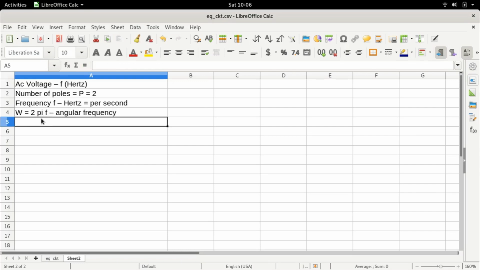Another concept that we need to know is, if we say that this is the frequency f, what is the speed corresponding to this f of the flux, or rather what is the synchronous speed? Now think about this. If I were to express this frequency in per minute, I'm going to say something called ns. ns is considered as the synchronous speed.